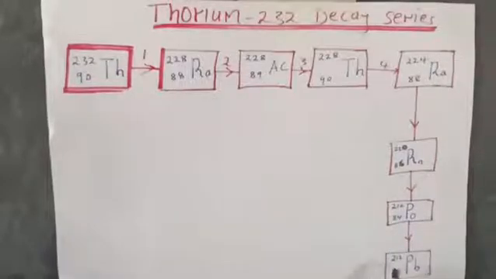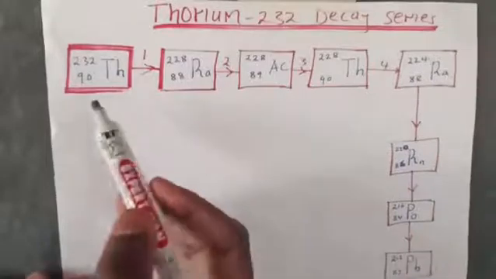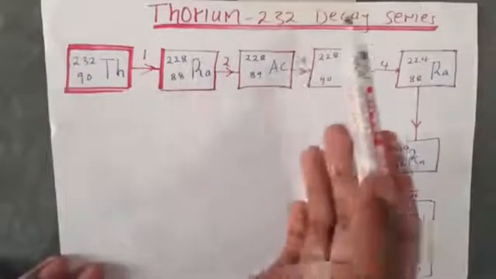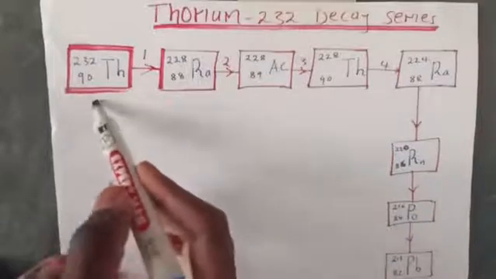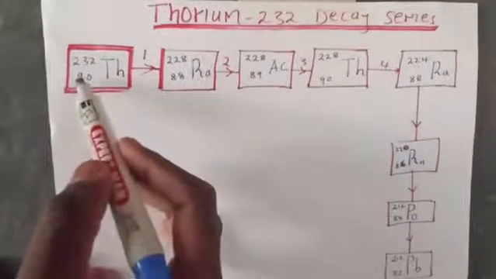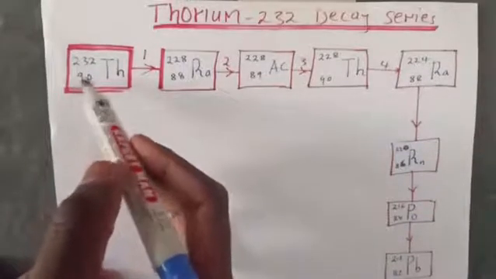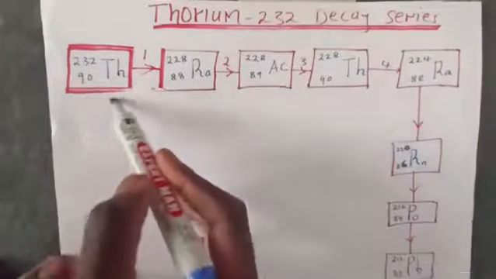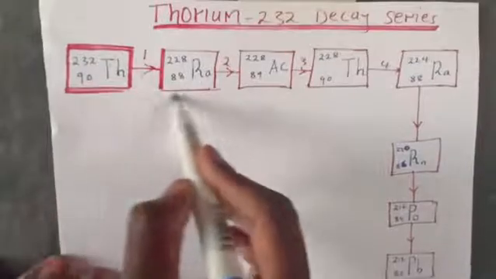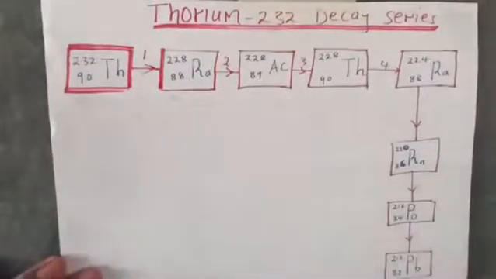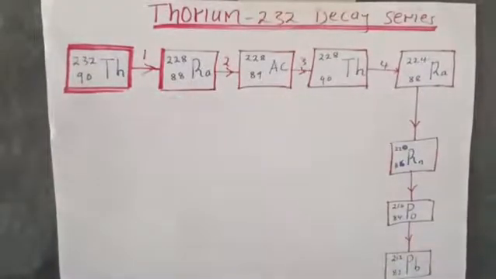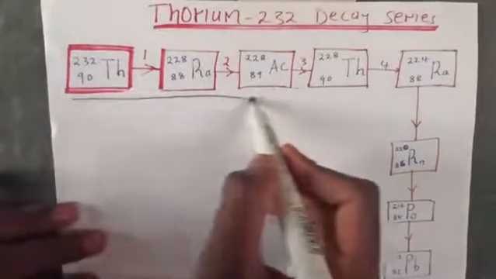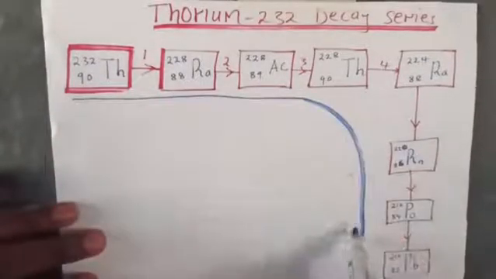So what we are having is a series of radioactive decays from thorium-232 with the atomic number of 90, that goes all through, until we have from here, from thorium all the way to lead.